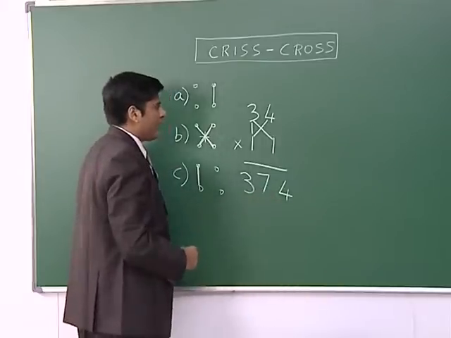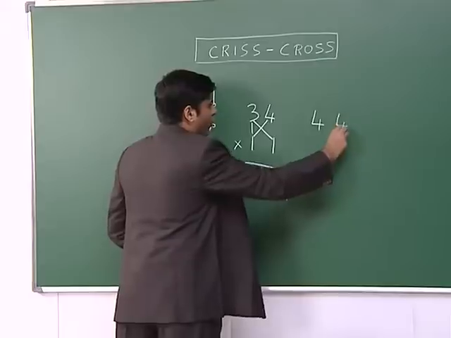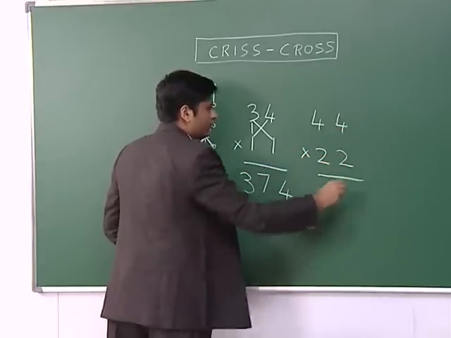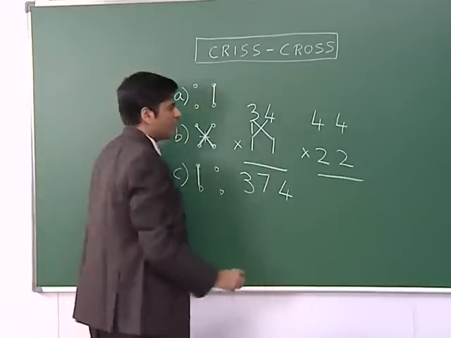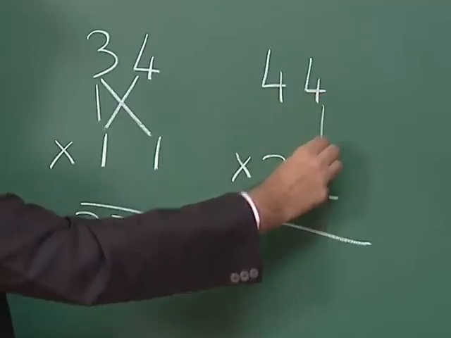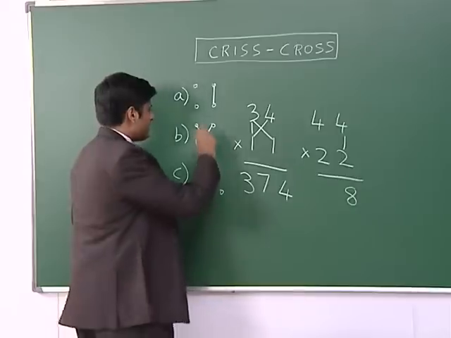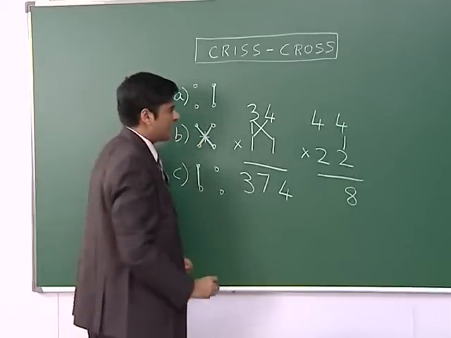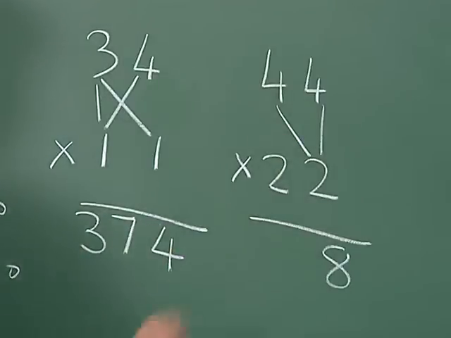Like that. Suppose I have to multiply, say, 44 by 22. First step says multiply these two numbers. So 4 times 2 is 8. Second step says multiply cross and cross. We will add both the answers. 4 times 2 is 8. Keep 8 in your mind.